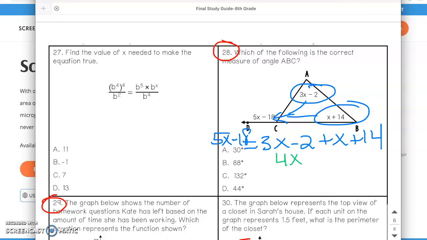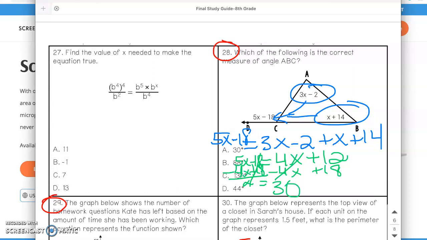Negative 2 plus 14 is going to be positive 12. Remember to carry over that 5x minus 18. All right, now I'm just solving for x. I want that 4 on this side, cancel it out, and I'm going to get just x. I'm going to add that 18, 12 plus 18, x equals 30.